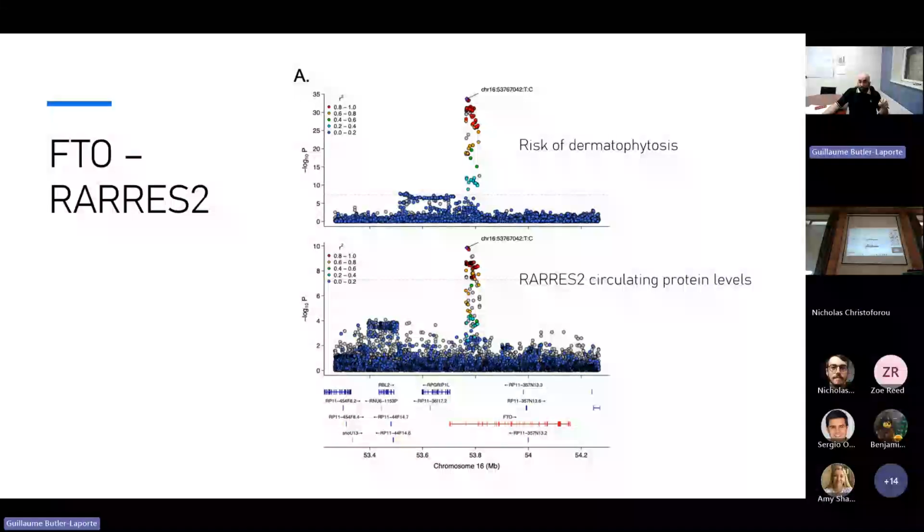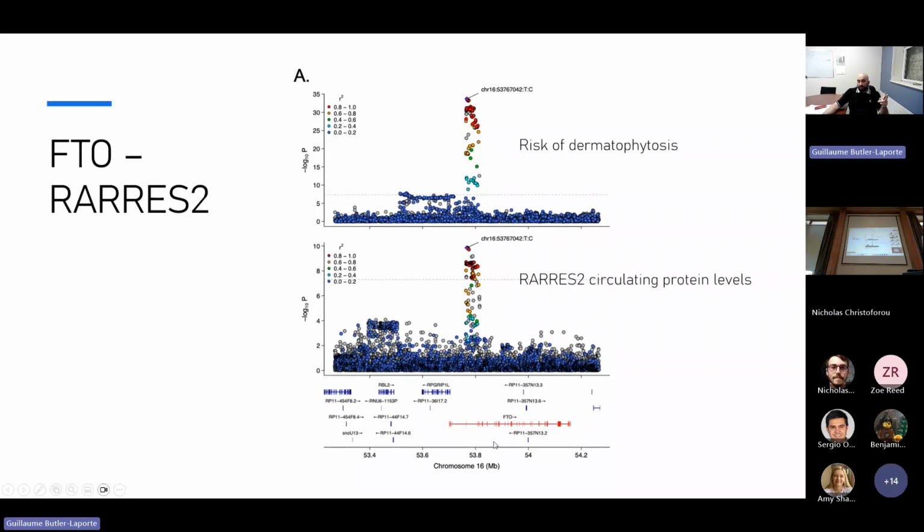Now, obesity, we know very clearly, it's well documented and well established, and you can actually test it using Mendelian randomization. We know it's a strong risk factor for dermatophytosis, so that makes sense too. What's interesting, though, is that these variants, dead smack in FTO, are also strongly associated with circulating levels, so blood levels, of the protein called RARRES2.